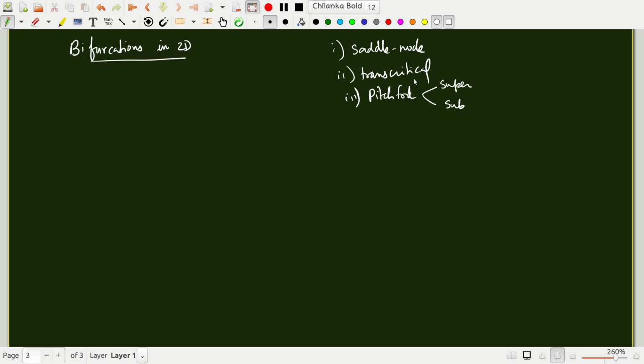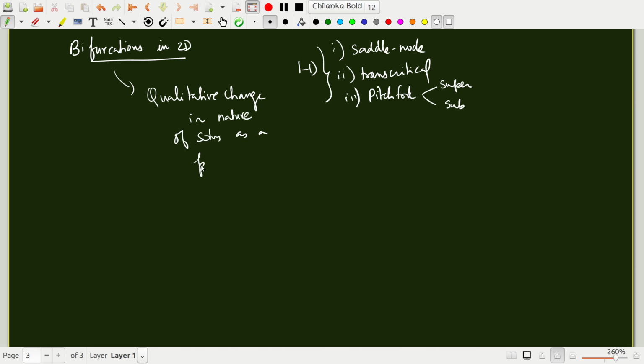These are the things that we learnt in 1D. What is a bifurcation, by the way? A bifurcation is a qualitative change in the nature of the solution. A fixed point that was stable can become unstable upon changing of a parameter, the nature of solutions changes as a parameter is changed.